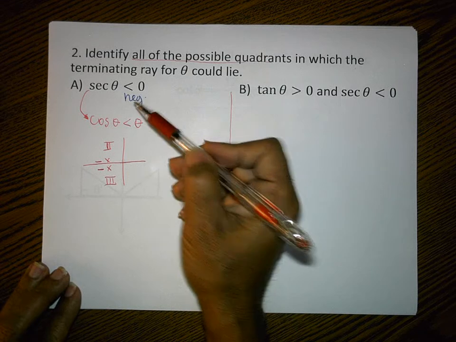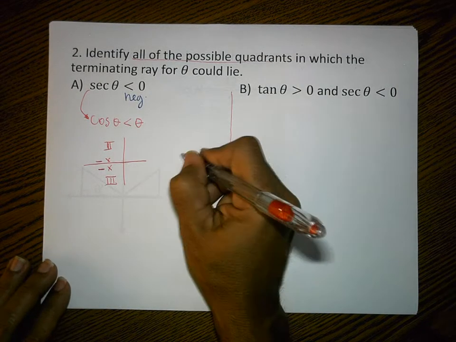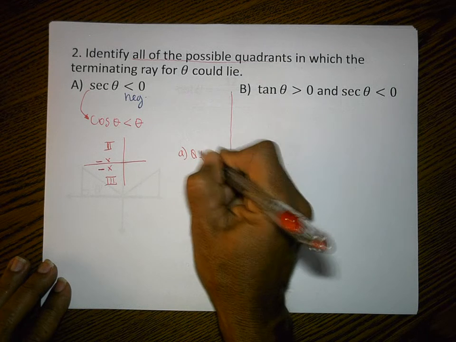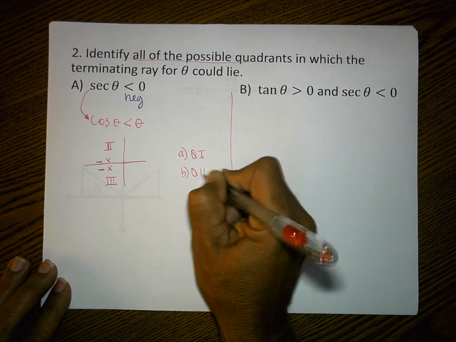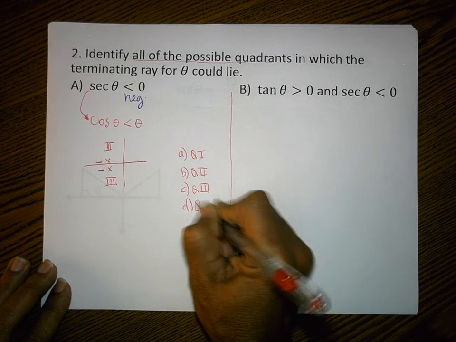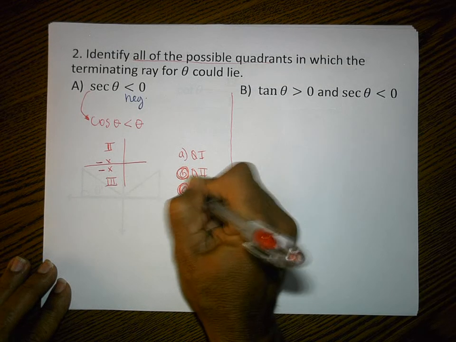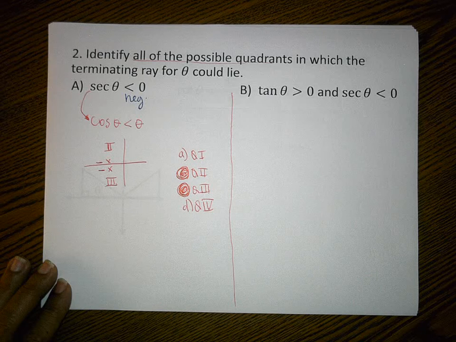And since it's the only restriction you gave me, I'll choose two answers. So if I had quadrant 1, 2, 3, and 4, I will definitely choose B and C, okay? Because that's two answers that satisfy this requirement here.